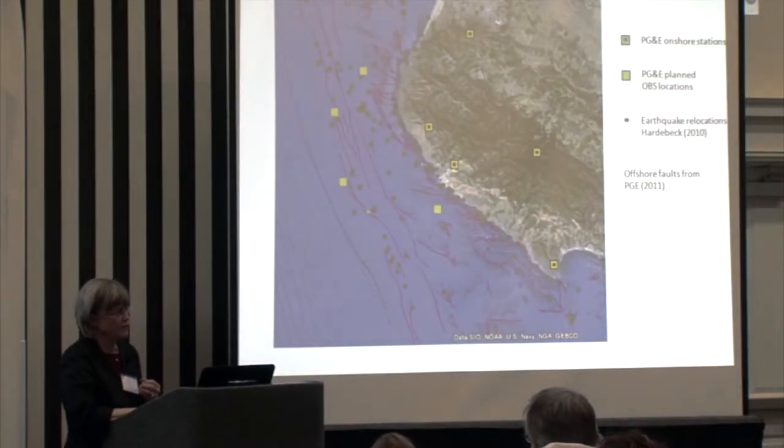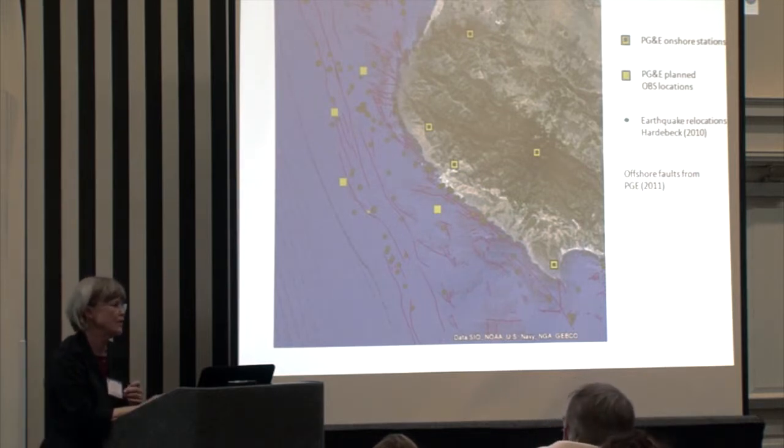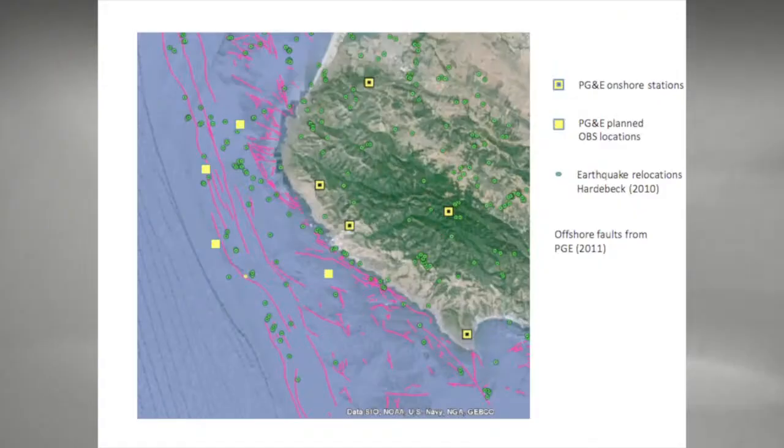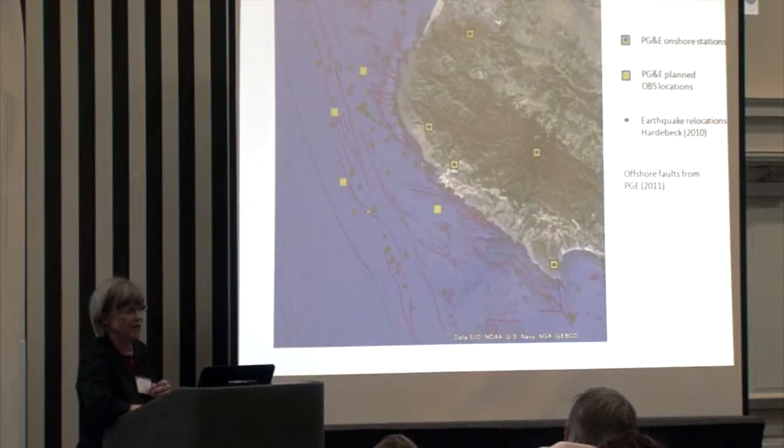So again, looking more zoomed in. The onshore stations here are now in squares with the black squares inside, and the offshore OBSs are just the yellow squares. And then the little green circles are various earthquakes, and these are all from Hardebeck, 2010, and the offshore faults are from the shoreline fault zone study.